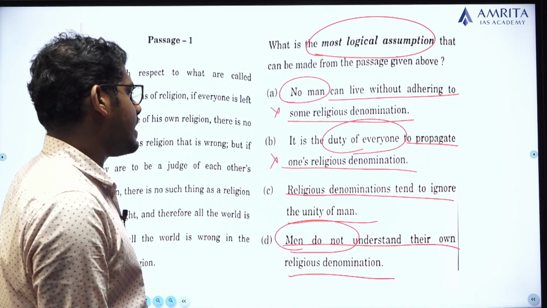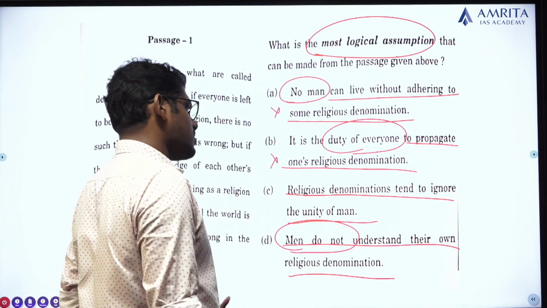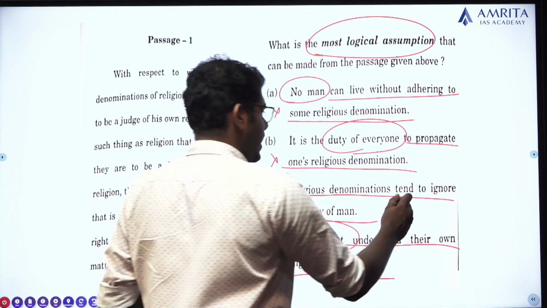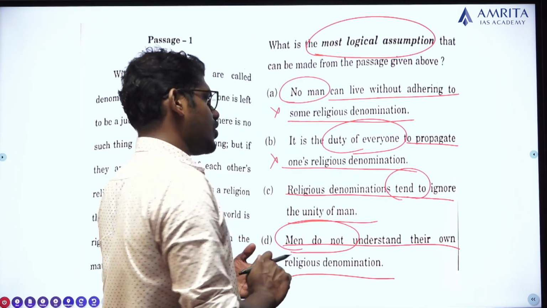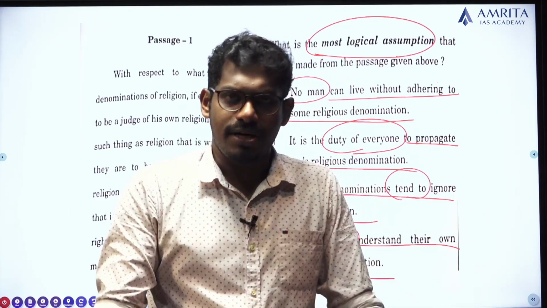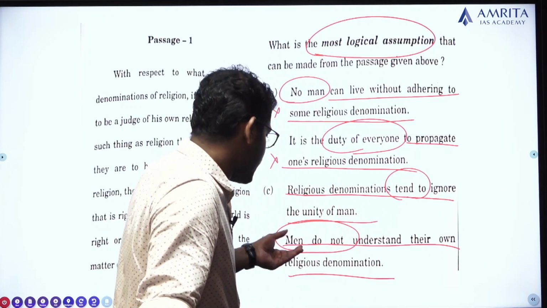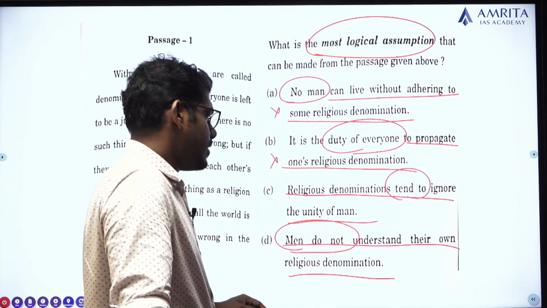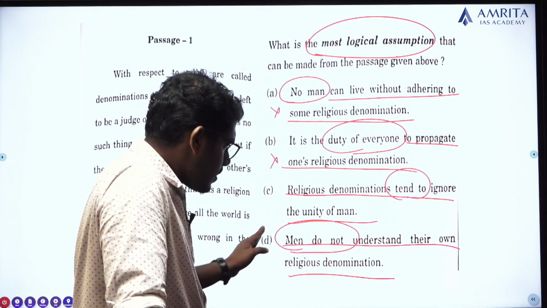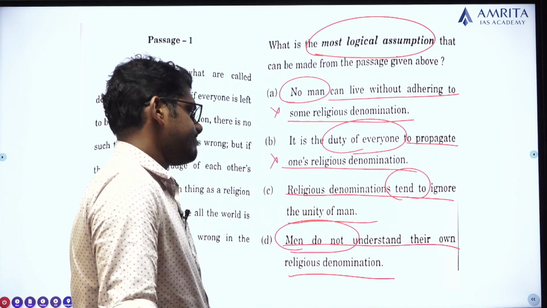Comparing option C and D, I can say option C is more correct because there is a mutual rivalry between religious denominations, so they tend to ignore the unity of man. But the last statement says men do not understand their own religious denomination.